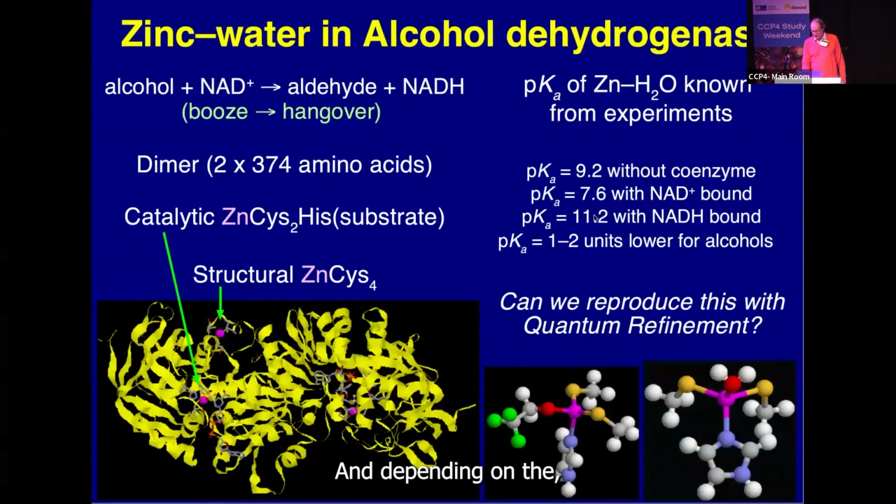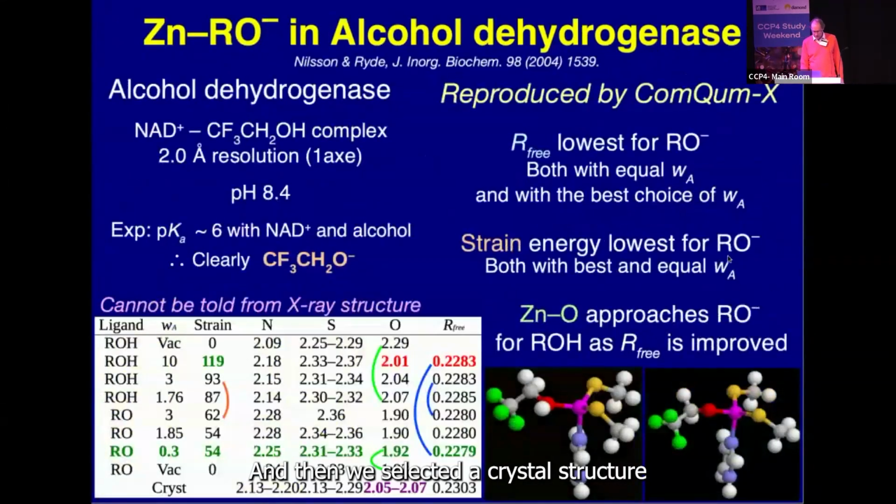Depending on the coenzyme and on whether we have an alcohol or water molecule, we get different pKa values. Then we selected a crystal structure for this NAD+ complex with an alcohol, which should have a pKa of 6, and the structure is collected at pH 8, so it should be an alkoxide, a deprotonated alcohol.